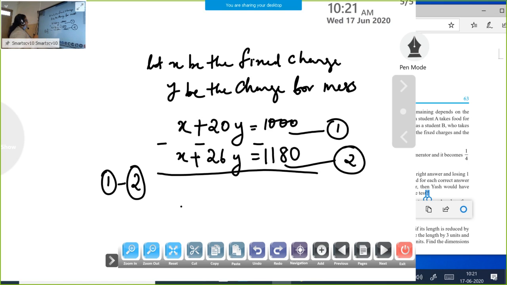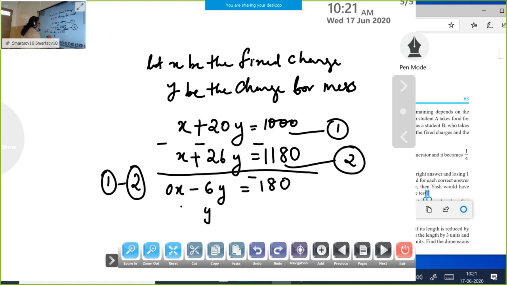If the X coefficient is eliminated, that is 0X, then 20Y minus 26Y is minus 6Y, and 1000 minus 1180 is minus 180.